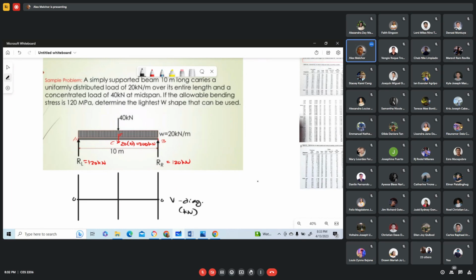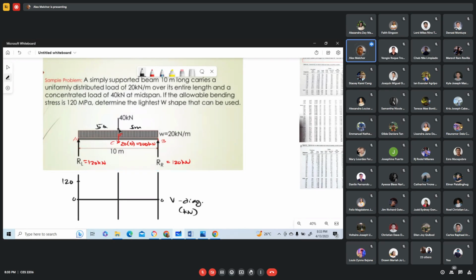Now we start with the shear at A. We have 120 because of that reaction going up. And 120 minus the resultant of that portion of the uniformly distributed load. This is 5 meters, and that one there is also 5.